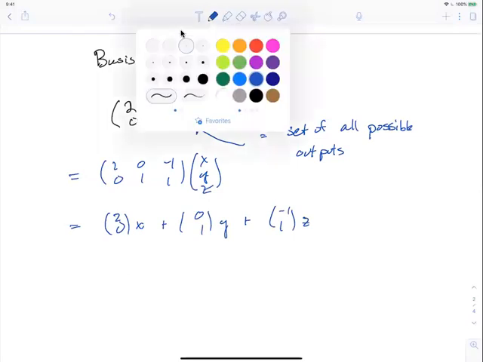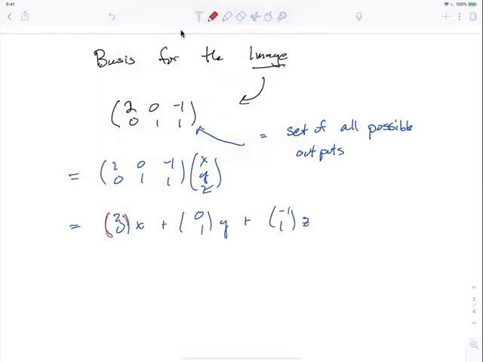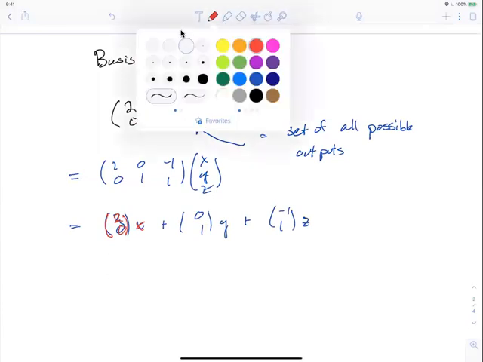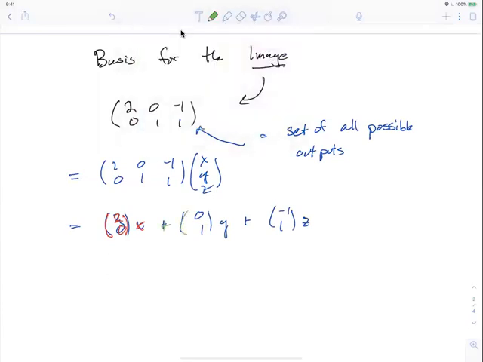So in some sense, all the possible outputs are going to be some combination of (2, 0) times some amount x, plus (0, 1) times some amount y, plus (-1, 1) times z. And what we want to ask is, is it possible to achieve every vector that you want without using all of these vectors? Can I just ignore one of them? And that's what's going to form a basis.